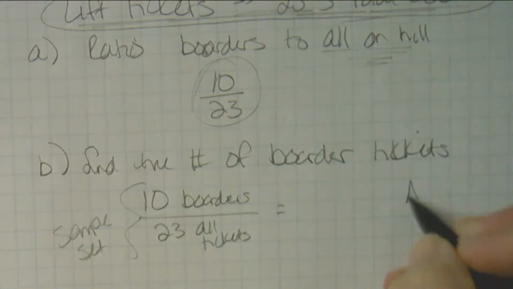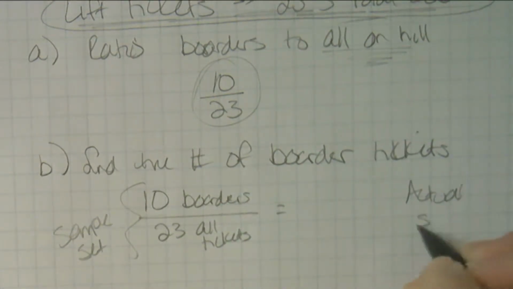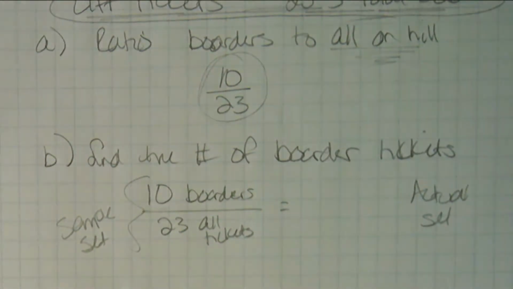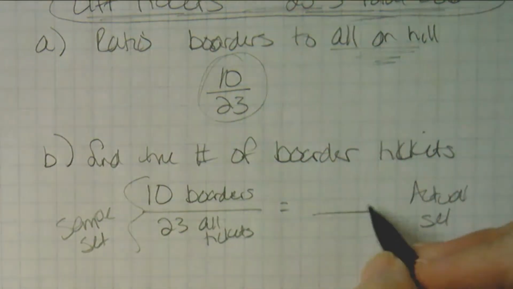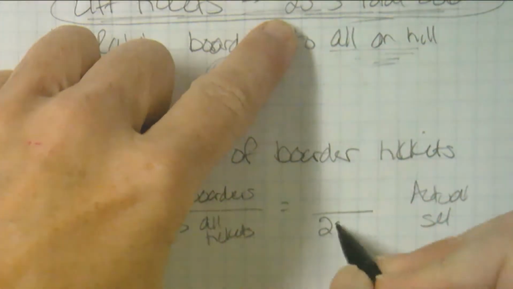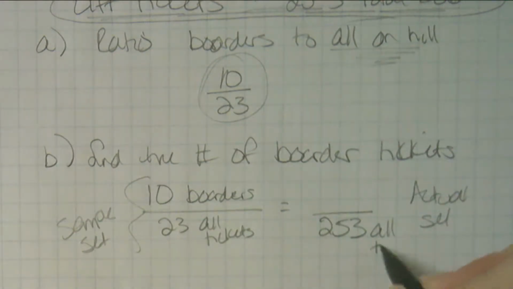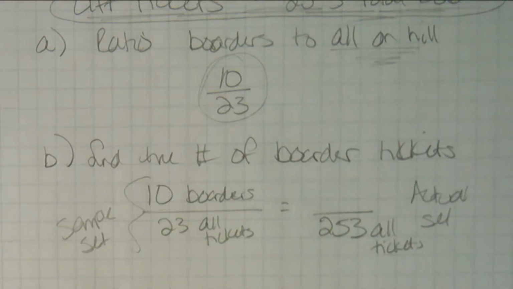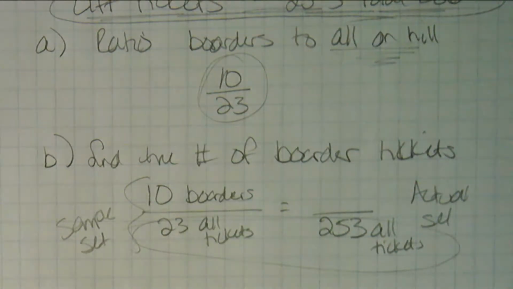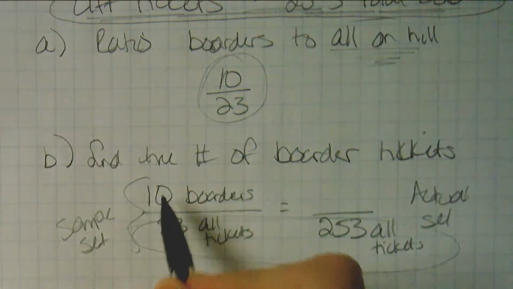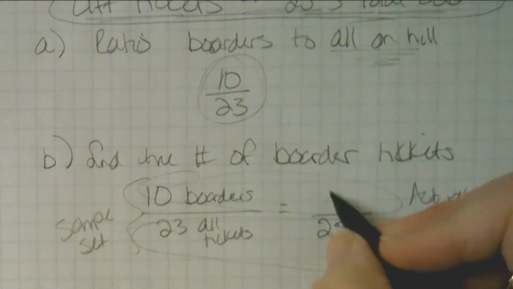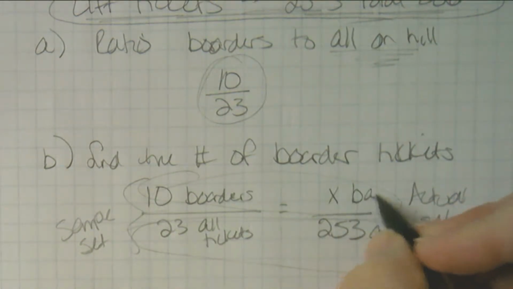This over here is going to be my actual set. So we're comparing our sample set to our actual set. We know that there's a total of 253 lift tickets. I'm going to say all tickets. So the information in my denominators is exactly the same. It's all the tickets. The information in my numerator is going to be the same. It's going to be my number of boarders.